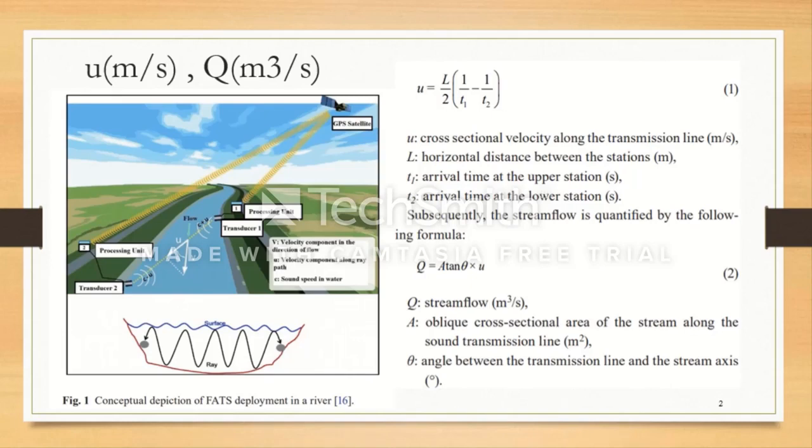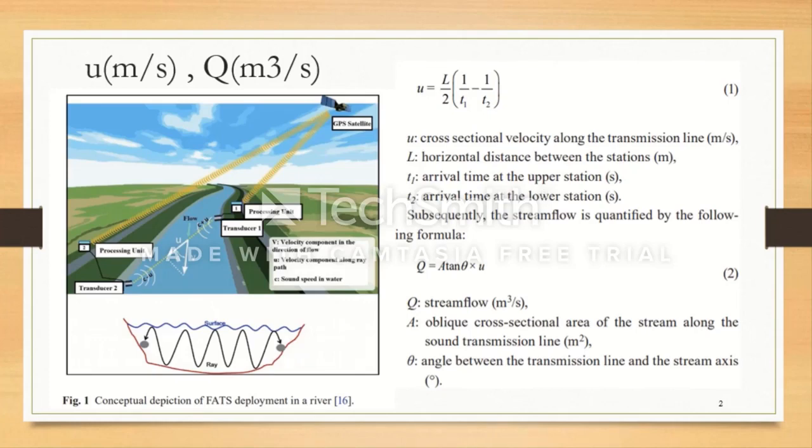If you look at this picture, we have a pair of transducers on two different sides of the river. One of them is upper and the other is lower: transducer 1, or the upper station, and transducer 2, or the lower station.